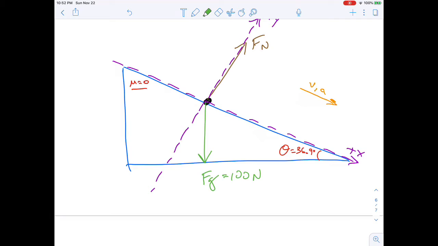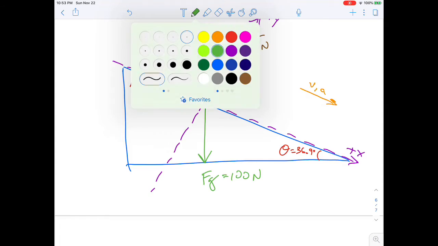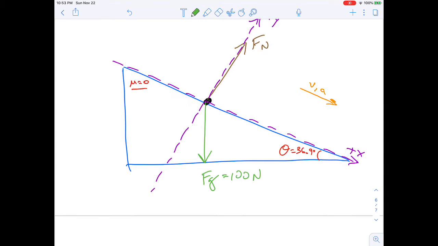Now, what a lot of students do, they kind of say, oh, well, the gravitation acts along this triangle. And that's wrong. If you break up the gravitation into components, remember, components have to act along the x and the y direction.